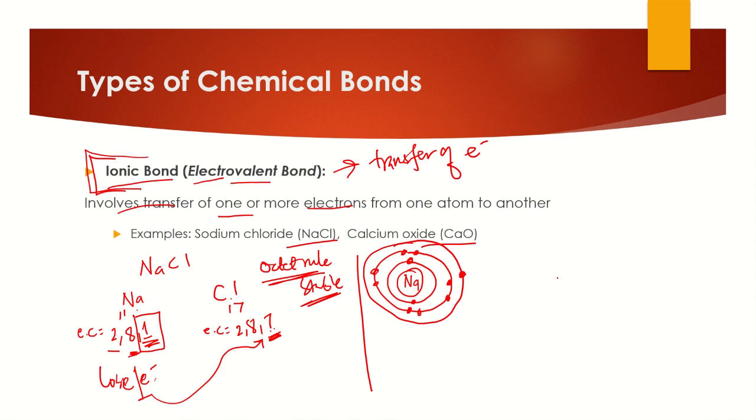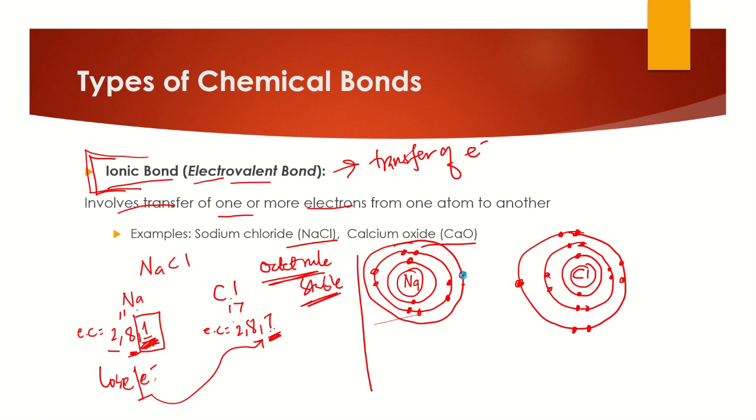Then we have the chlorine atom. Even chlorine has 3 shells. The first shell contains 2 electrons, the second shell 8 electrons, and the third shell contains only 7, 1, 2, 3, 4, 5, 6, and then 7 electrons.